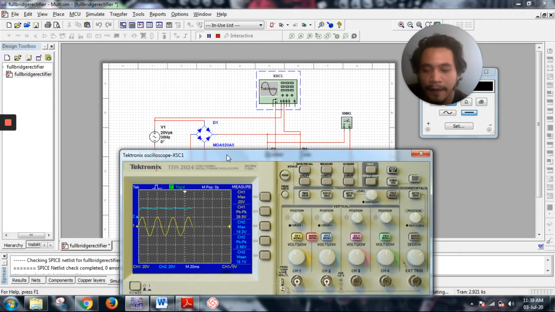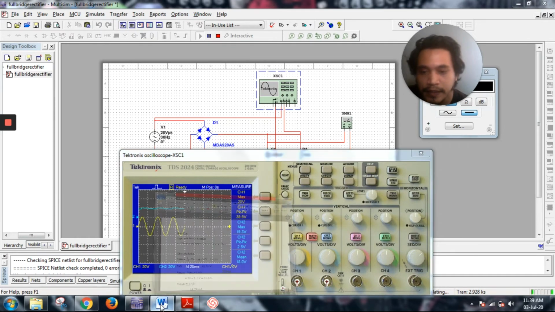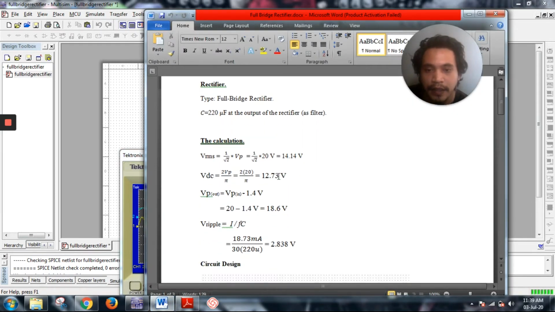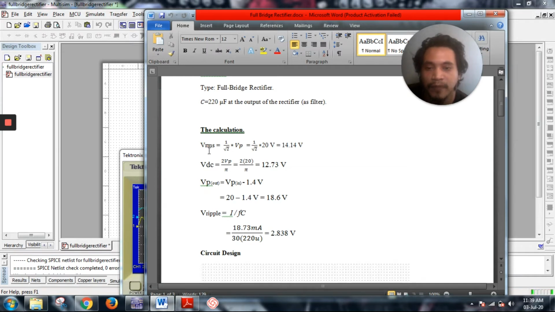So this is the calculation. From the circuit, we can calculate the VRMS and VDC. So VDC is 12.73, and Vout is 20 minus 1.4 volt. Why 1.4 volt?